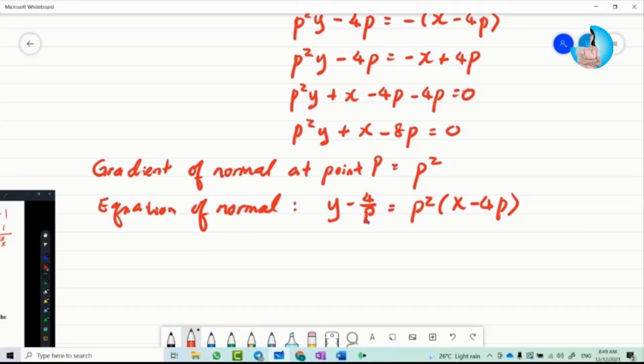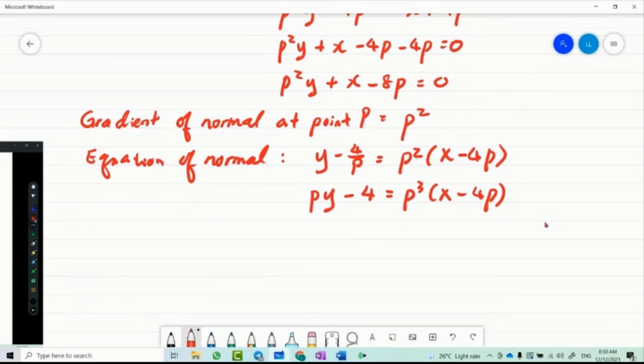Kalau nak hilangkan pecahan, semua kena darab P. So bila darab P, okay, hapuskan pecahan dulu. Kita tak mau deal with pecahan. So kembang.